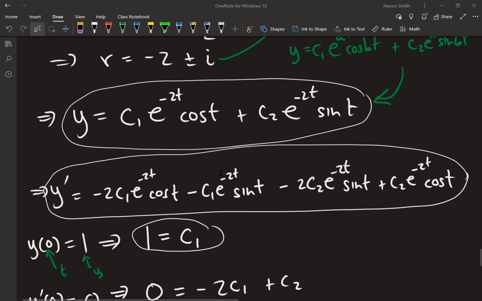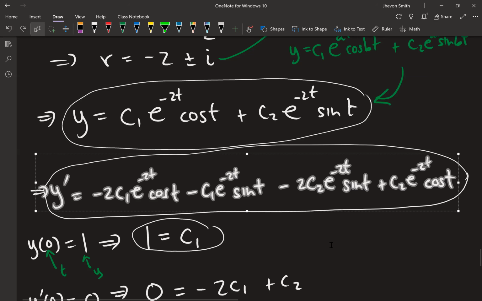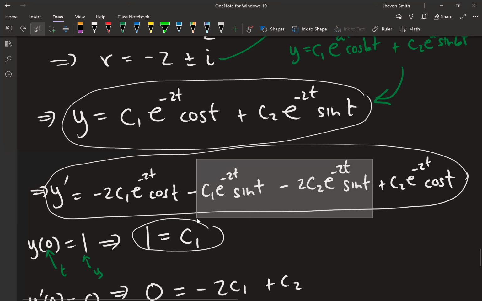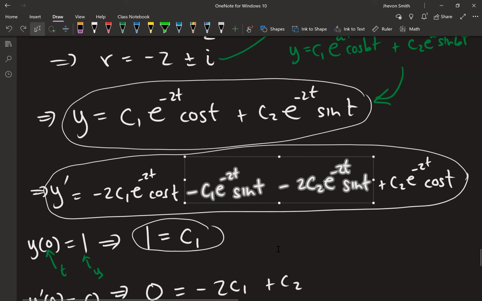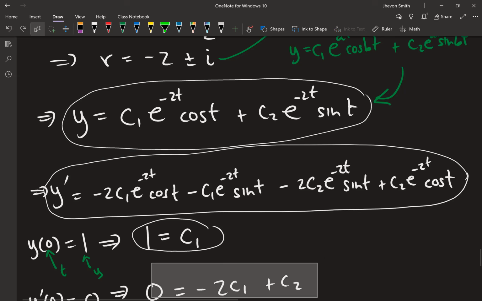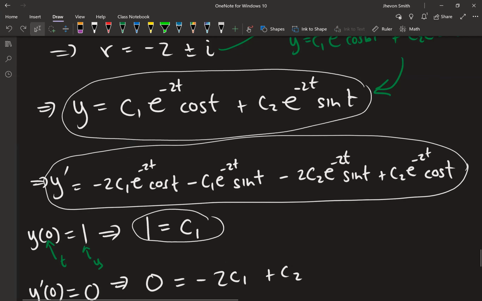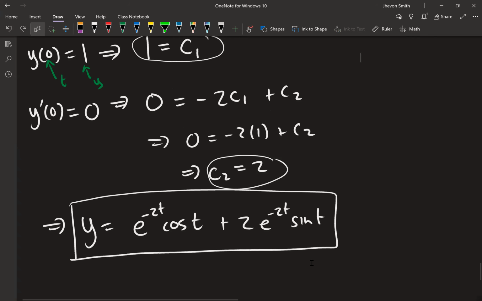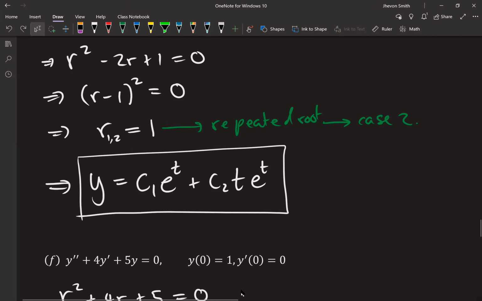All the exponentials raised to the power 0 go to 1. So the second and the third term die because they have sine t attached to them. And the other parts, the c1 and the c2, their coefficients go off to 1. And so I get this equation. Okay, so that is that.